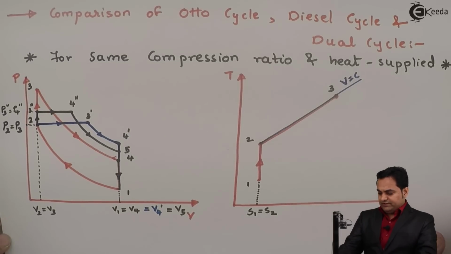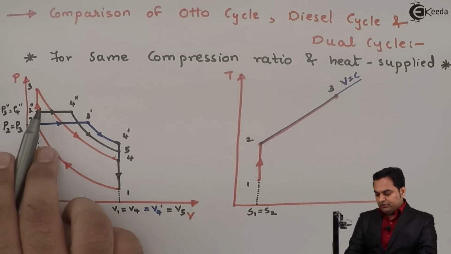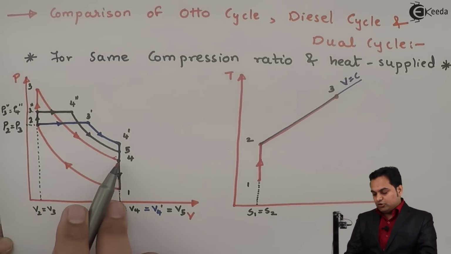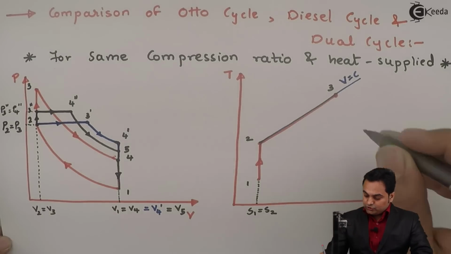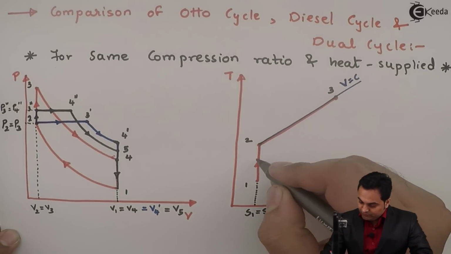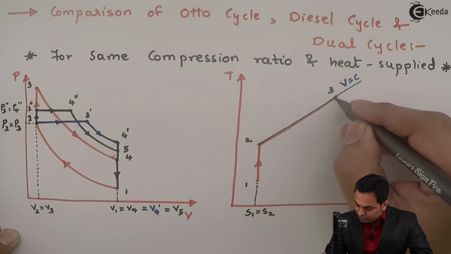Next, after that from 3 to 4 we have isentropic expansion, and it will be shown on TS diagram with the help of a vertical line like it was for compression.